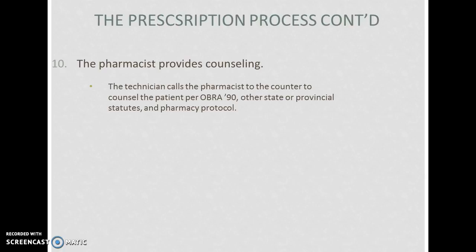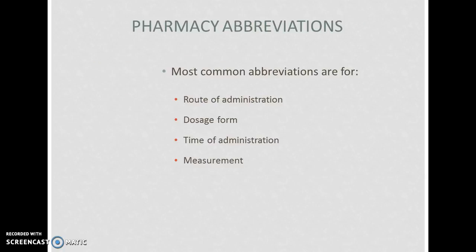All right, let's move and talk about pharmacy abbreviations. In pharmacy, there are a lot of abbreviations. Of course, sometimes you have abbreviations that look the same for different things, but for the most part, abbreviation is very helpful in that it shorthands the writing process. You don't have to write out everything.